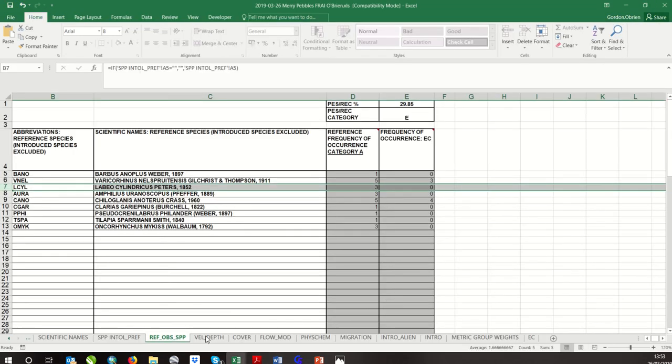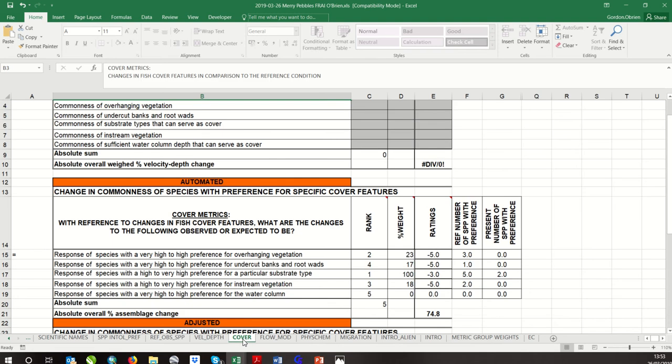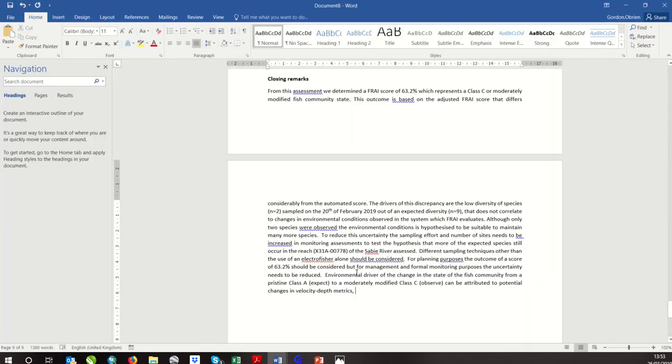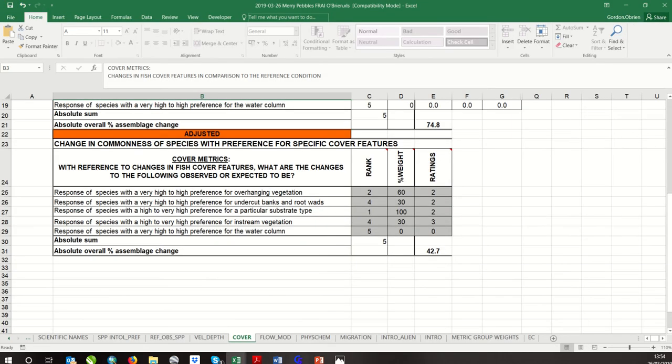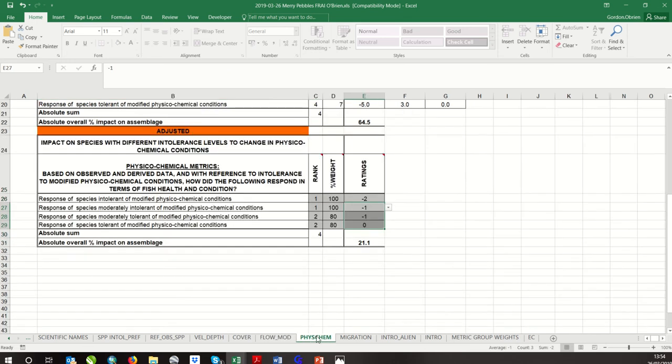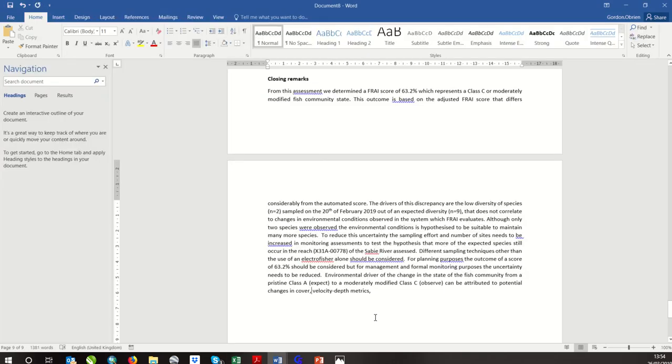That was the most important one, I think. Velocity, depth, cover. Let me put them in order of importance. Cover, velocity, depth, migration.